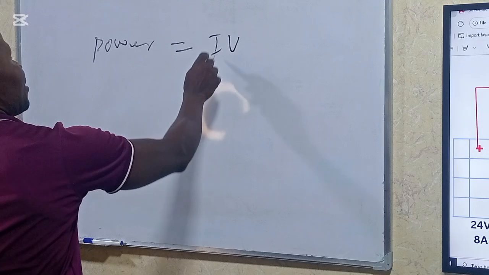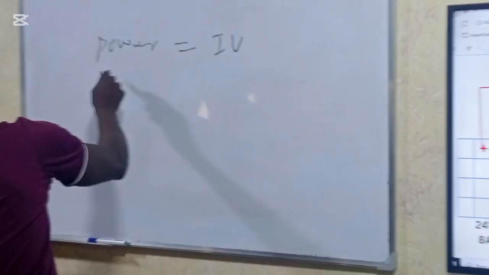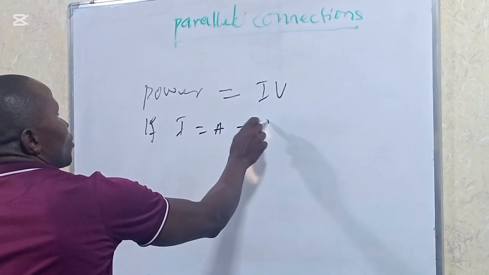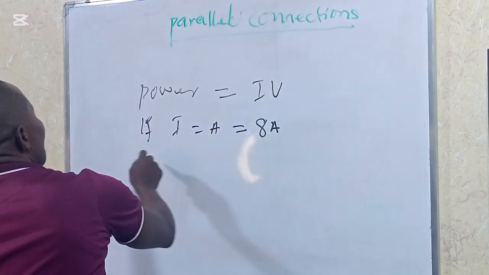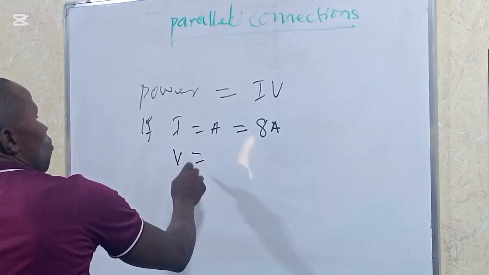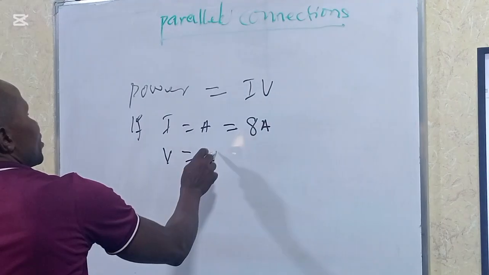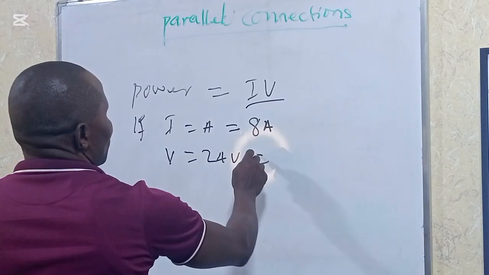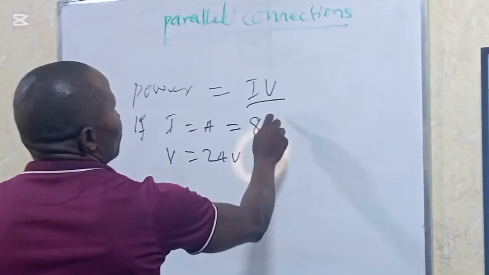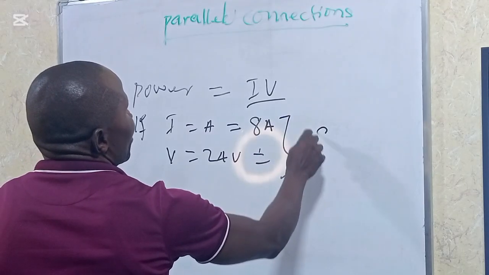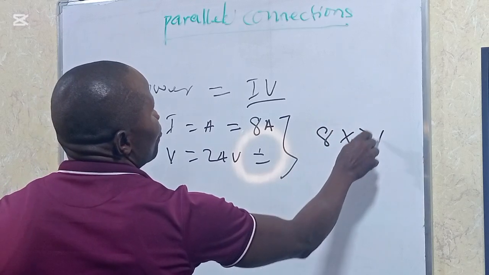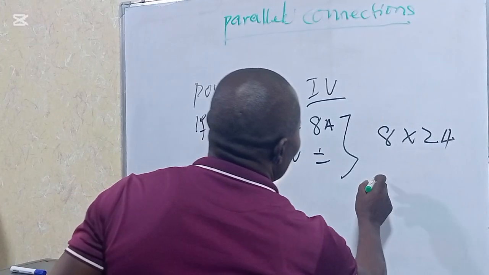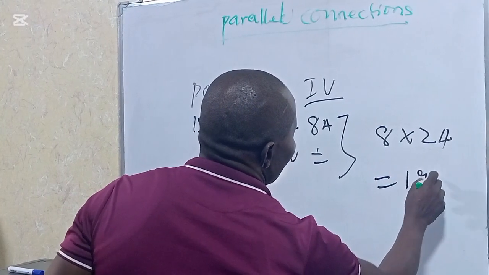I times V. If your I is equal to 8 amps, and V is equal to 24 volts, we have 8 times 24 is equal to 192.